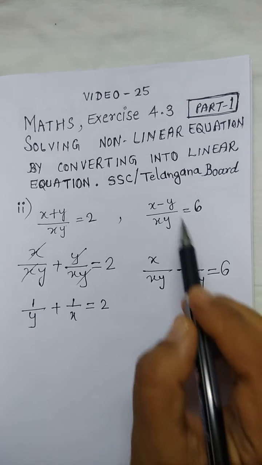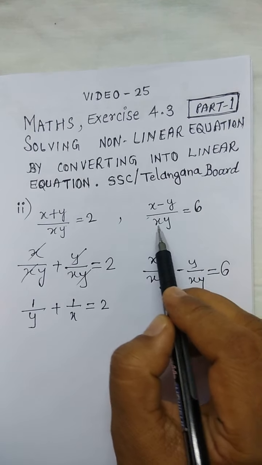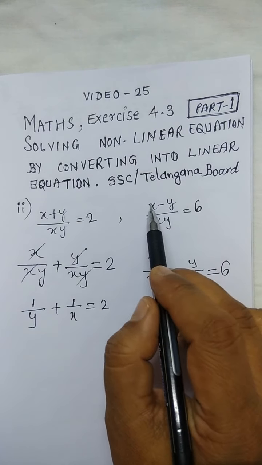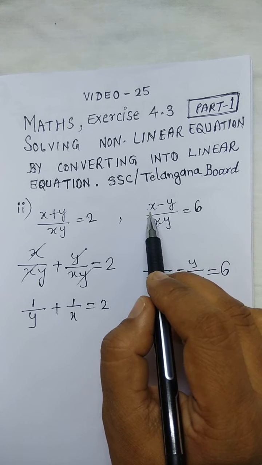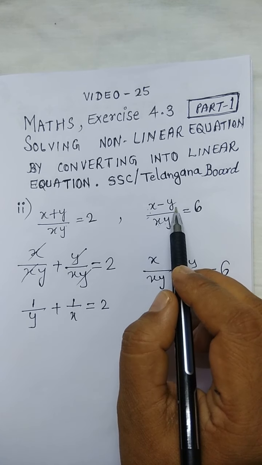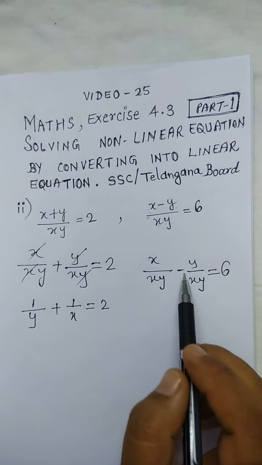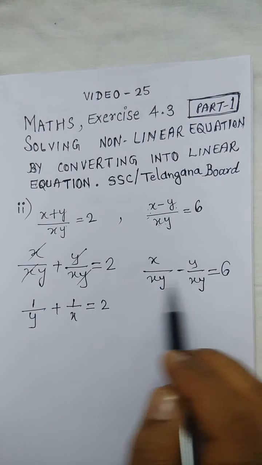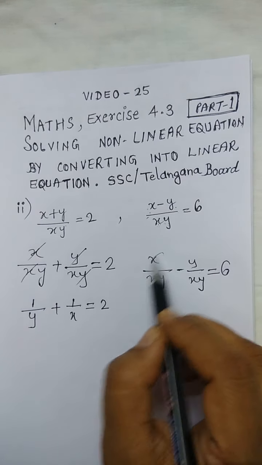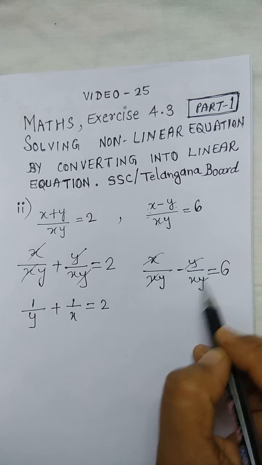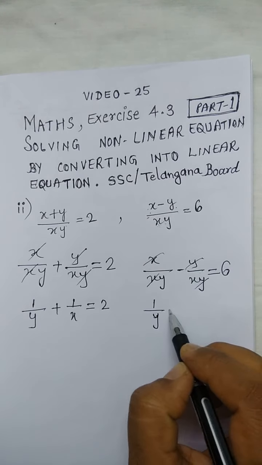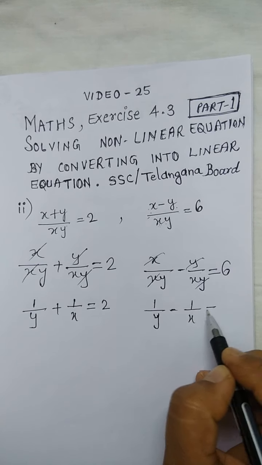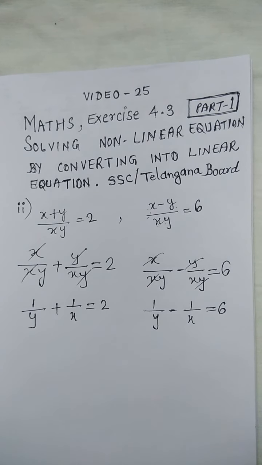You remember that when there is a whole upon, it means this denominator belongs to both, to x as well as y. So let us separate them and write them as separate fractions. Here again x will get cancelled, y cancels, and you will get 1 by y minus 1 by x equals 6.